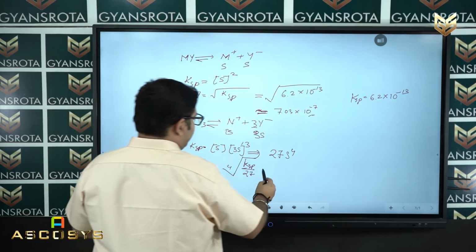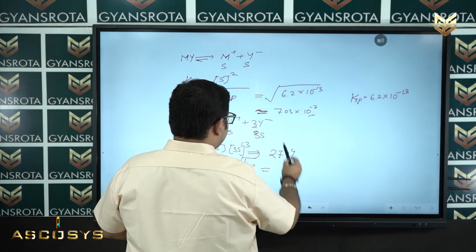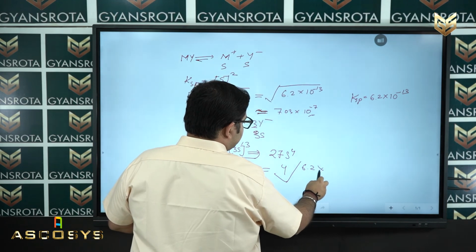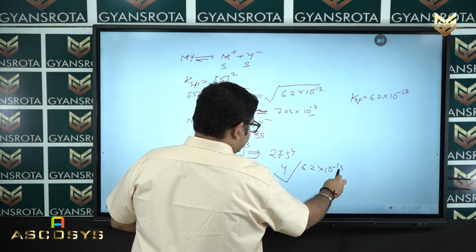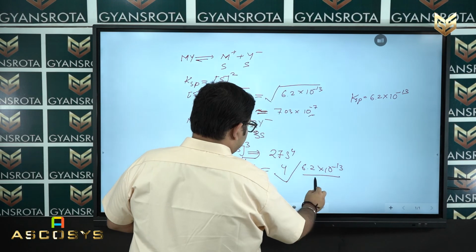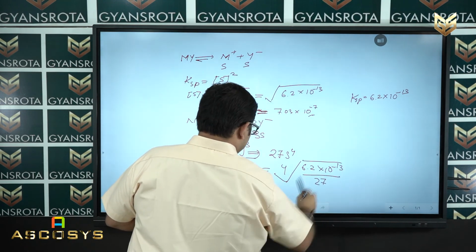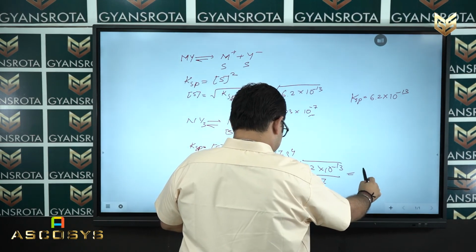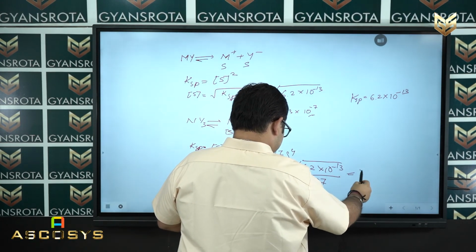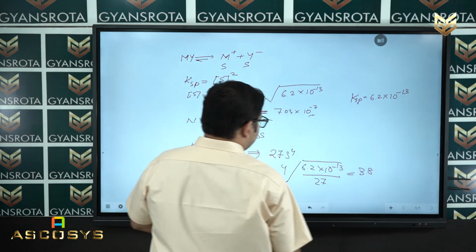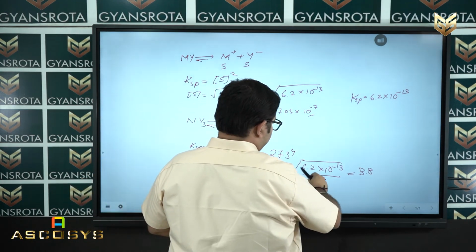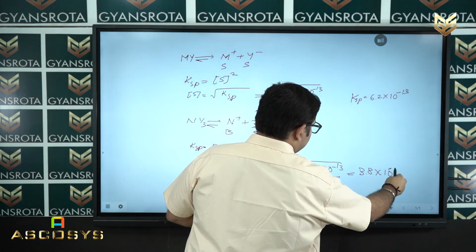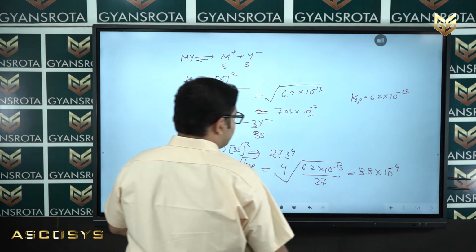Now, if you put the value of Ksp here, it is 6.2 × 10^-13 divided by 27. If you do the multiplication, you will get the answer approximately 3.8 × 10^-4.